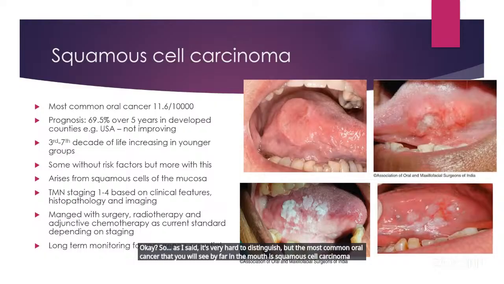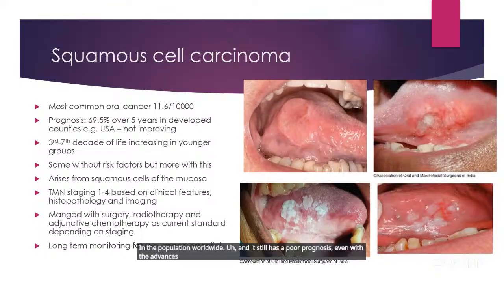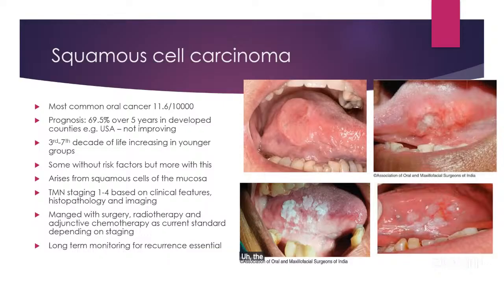So this is an oral cancer that affects about 11.6 per 100,000 people in the population worldwide, and it still has a poor prognosis even with the advances over the years. So worldwide, I mean, in developed countries, the best prognosis we have is 69.5%.